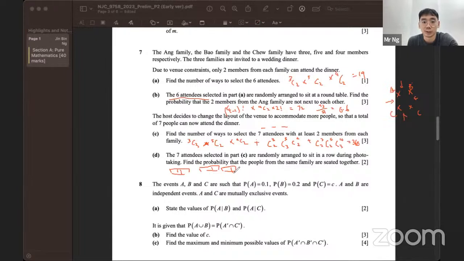Anyway, here is same family sit together. Note that all these are different because they are different families. So within each family, 3 factorial, 2 factorial, 2 factorial. Then after that, the 3 families can swap position, so times 3 factorial.